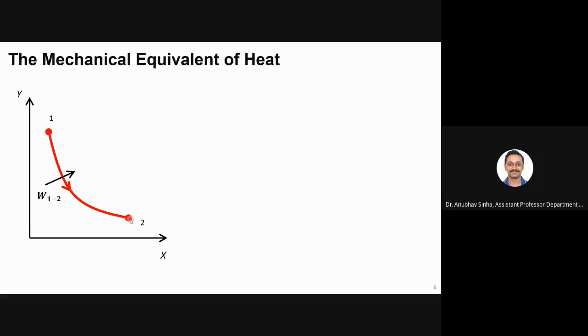It could be any arbitrary path; we'll not worry about which path it is. The system goes from 1 to 2 because of work input to the system, because of the stirrer wheel. Now I want to bring it back from 2 to 1, so I will remove the heat, as we have seen in the last slide. Now the system is restored to the initial conditions.